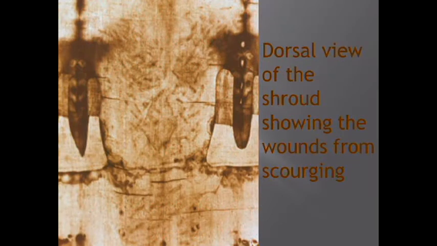This is a view of the dorsal, the back side of the person on the shroud. And you can see the way the marks fall, that the person was lashed 120 times. Now, Jewish law permits 39. This person was beat up and down the back and the buttocks.